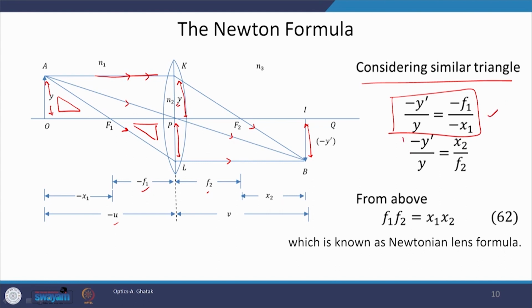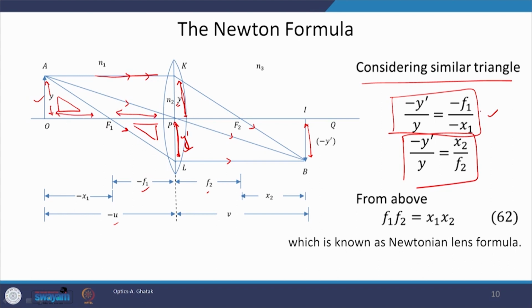Similarly, you can get this. This distance would be y prime. Sorry, this is y and this is y prime. And using the property of similar triangles, y prime by y would be equal to this distance by this distance.